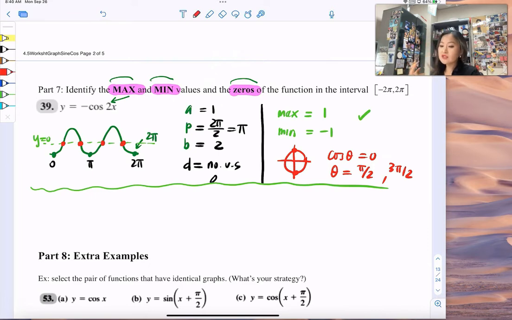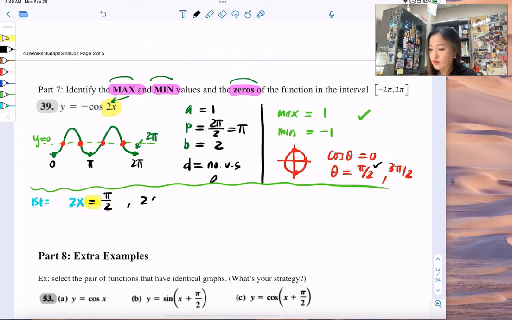Okay, I'm going to do this in a couple of ways. I'm going to go this way first. If you want to put x or theta, it's okay. But you see how this part here is 2x? I'm looking for when 2x is equal to pi over 2, because that's when it's first 0.